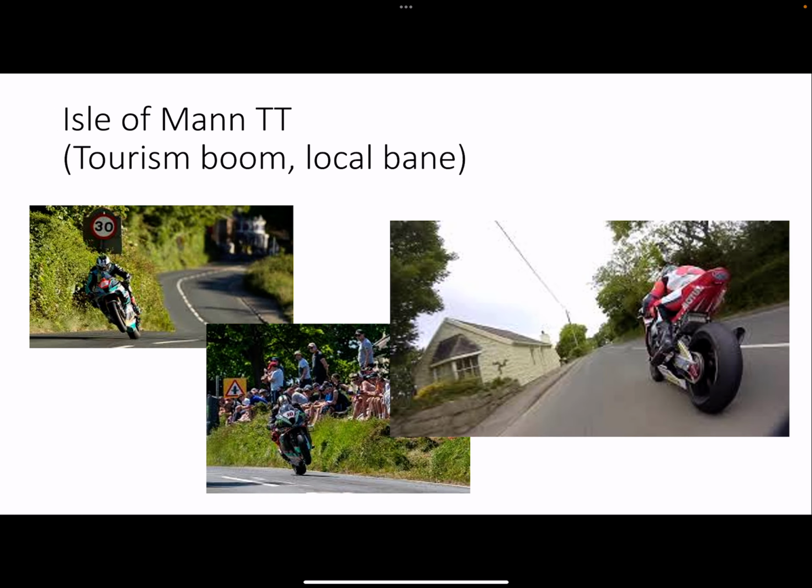So this is the case study of the Isle of Man. If you just go into YouTube and type Isle of Man TT, you will be bombarded with videos after videos of motorcycle racing. Very exciting. It's normally on a weekend as well, but the inconvenience that's caused to the locals is massive.